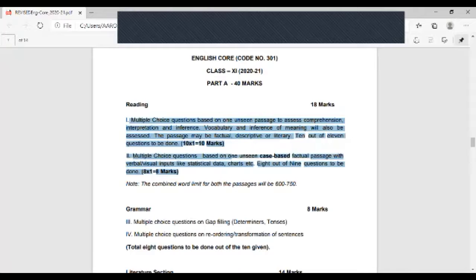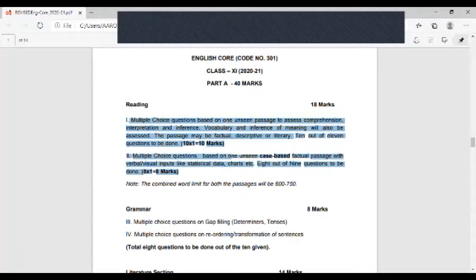You will be given distractors after each question. You have to read the reading passage. It can be a factual description, a data interpretation, a biography, or an argumentative essay.